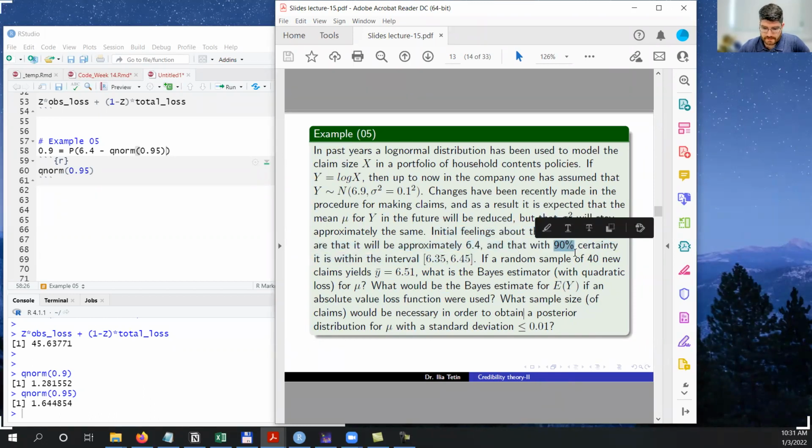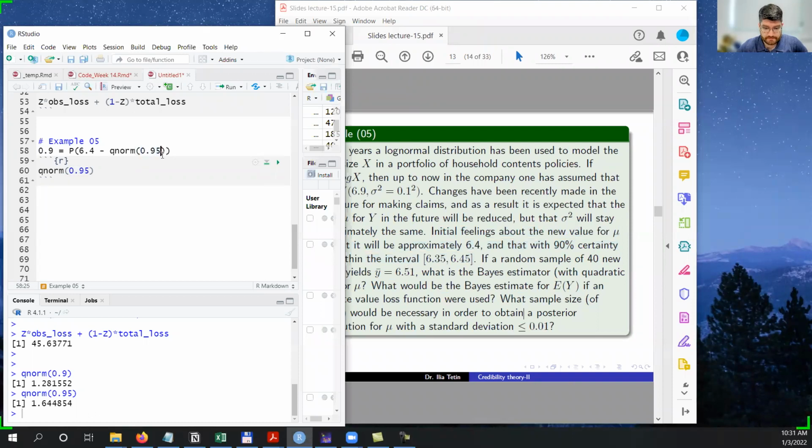The key is 90% certainty. So why, with 90% certainty, am I using 0.95?